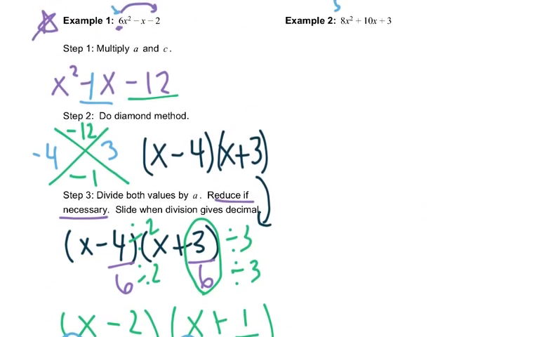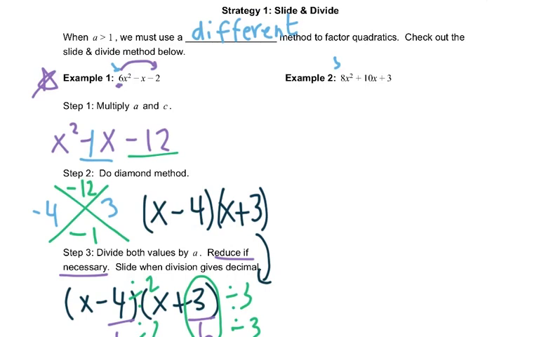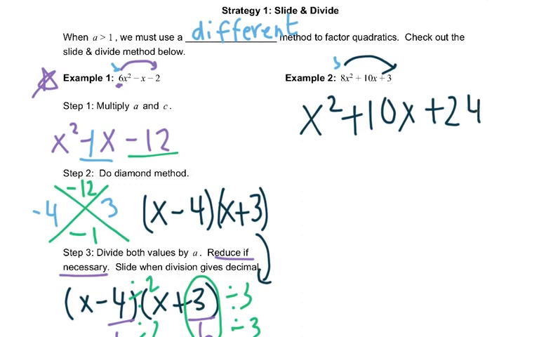Let's look at one more example up here, example number 2. So, again, our first step is to multiply the a and the c. So we're going to take 8 times 3, and we get x squared plus 10x plus 24. Okay. Now we're going to go ahead and do our diamond.